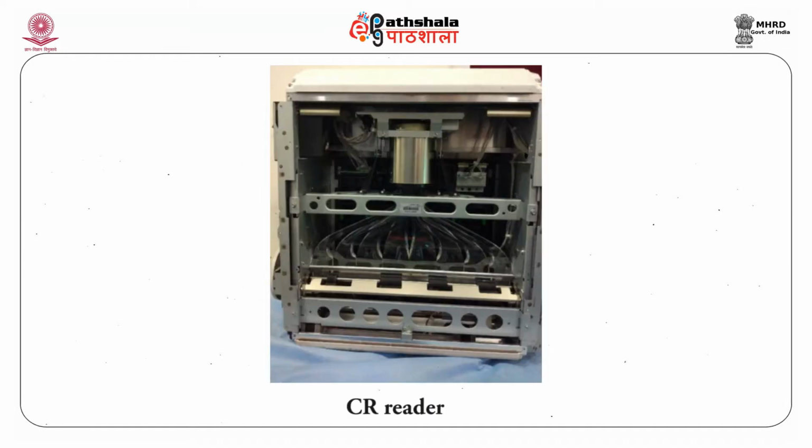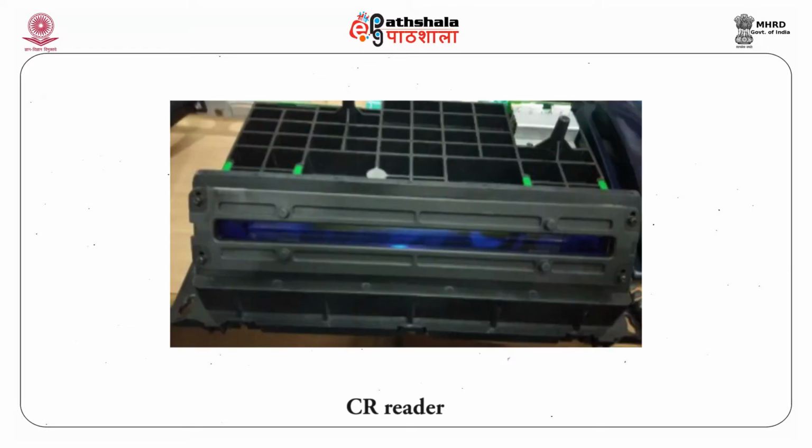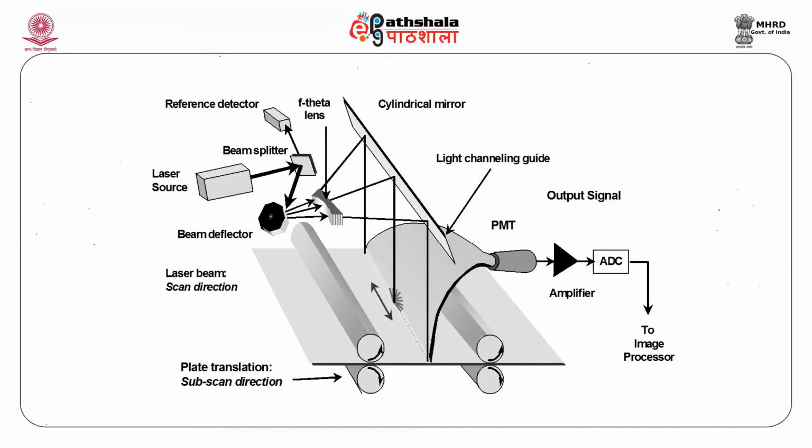Inside the CR reader is a helium neon laser, which gives red light of the spectrum. This photograph shows the internal components of a CR reader, and it also shows a laser assembly as well as optic coupling.